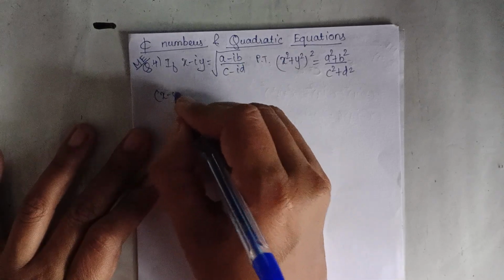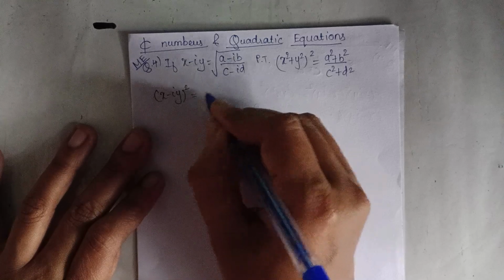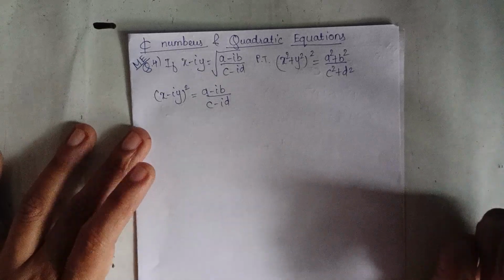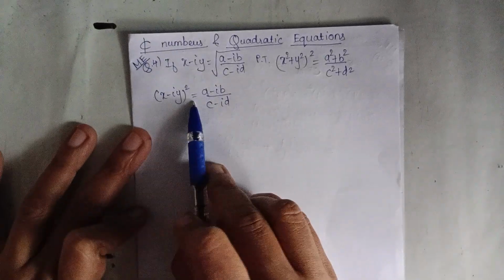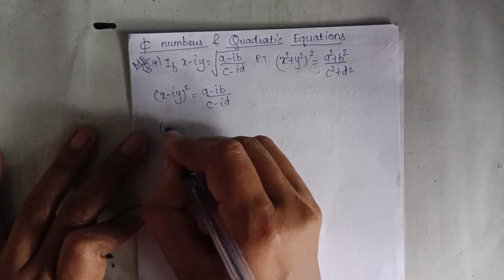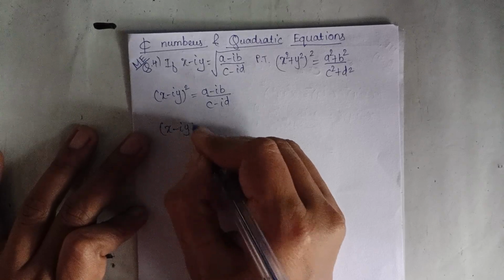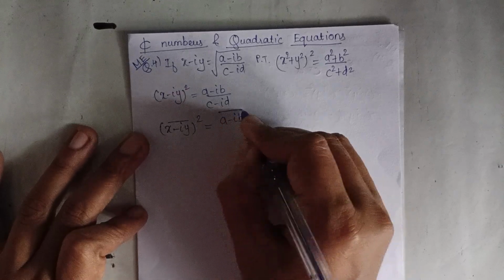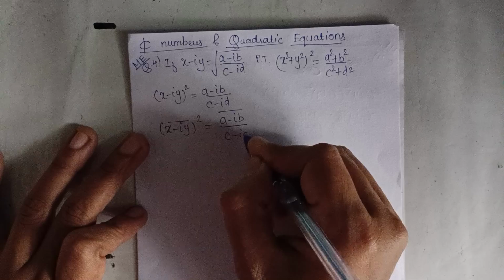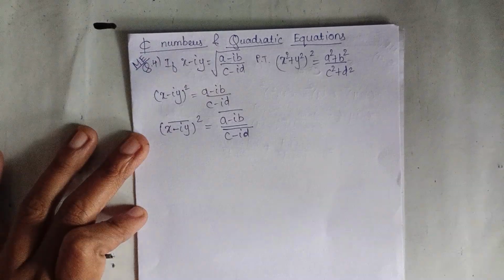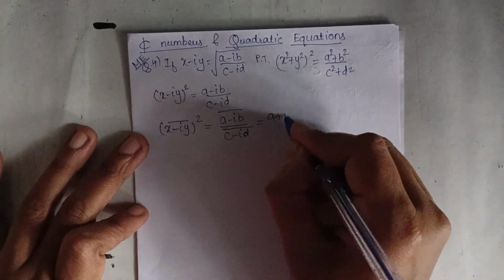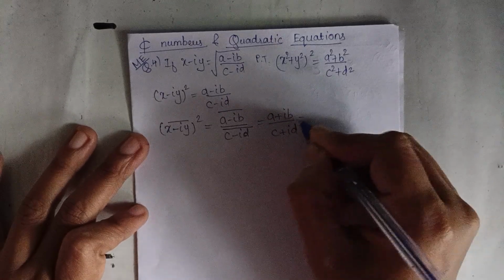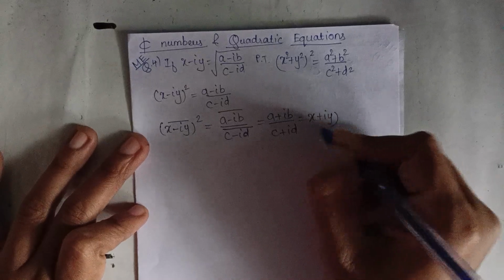So this will be, squaring both the sides, you will get (x minus iy) square equal to (a minus ib) upon (c minus id). Now you have to take the conjugate of this. So the conjugate of x minus iy is a minus ib conjugate upon c minus id conjugate, which is a plus ib upon c plus id, and this is (x plus iy) the whole square.